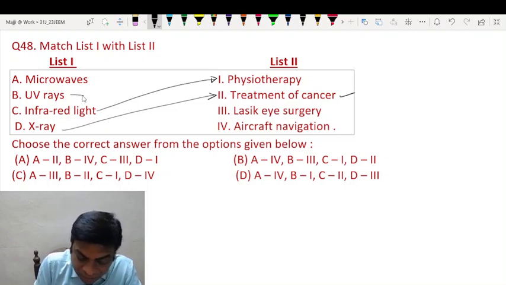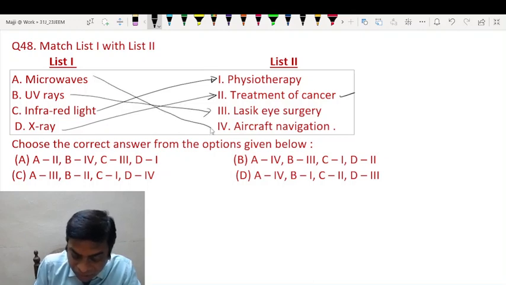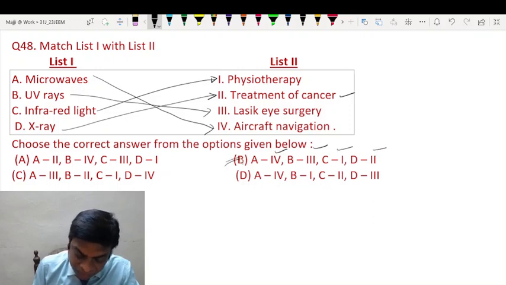Then ultraviolet rays should be mapped with laser eye surgery, and microwaves are commonly used in air navigation. So A is 4, B should be mapped with 3, C should be mapped with 1, and D with 2. So B option is the correct option.